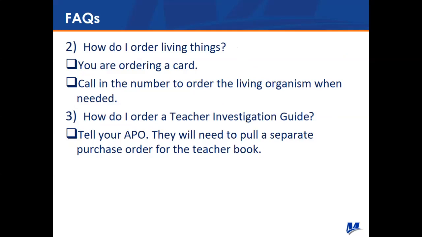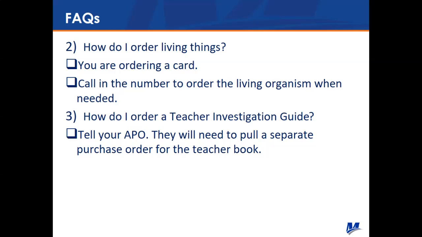Other frequently asked questions include, how do I order living things? As you saw on the Excel spreadsheet, I showed you how to, there is a space to order living things on the Excel doc. What it means when you mark off that you are ordering something, a living organism, you're actually ordering the card, and the card will come to you with the rest of the replenishment items that you order.